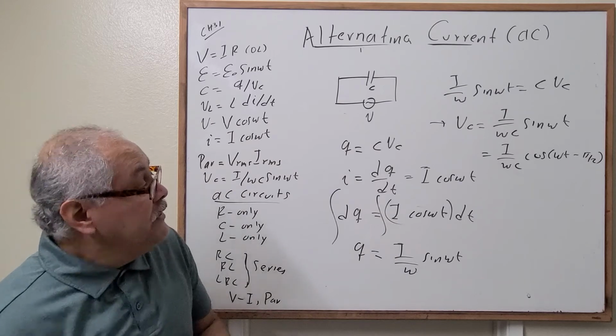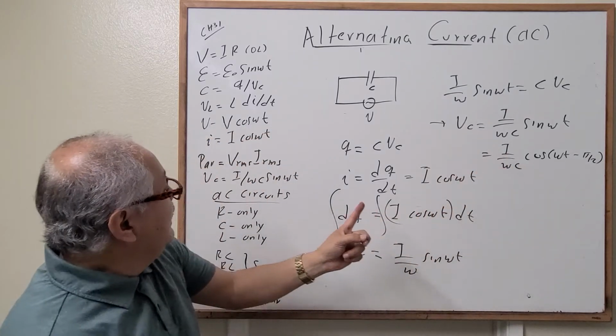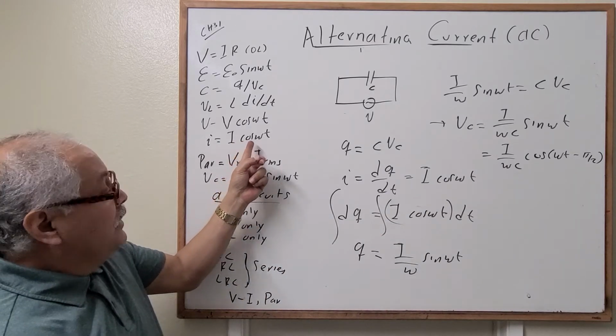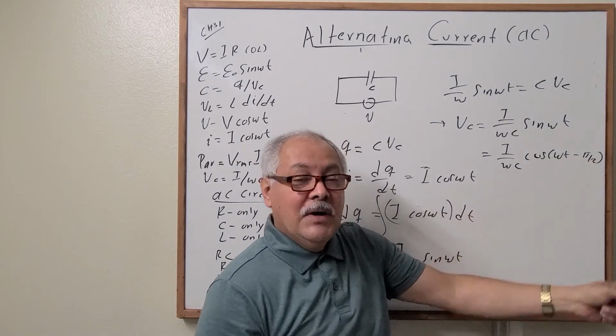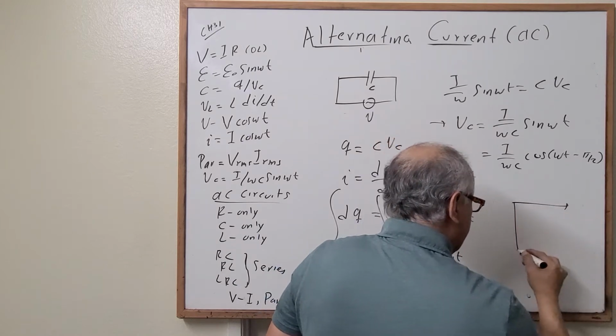In this case, we can see that the voltage across the capacitor is out of phase with respect to the current, right? What is the difference? Pi divided by 2. We represent this using the phasor diagram.